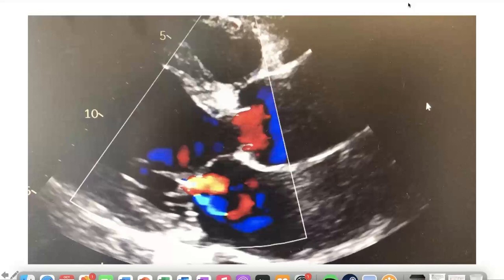Just one quick follow-up, practical comment on what Kim just said. Looking at this particular image, the question is, for the linear dimension, where do you measure? Typically we measure at the tips of the mitral valve for end systolic diameter and diastolic diameter, but this heart is obviously globular. If you measure just more distal to that, you're going to get a much bigger measurement.